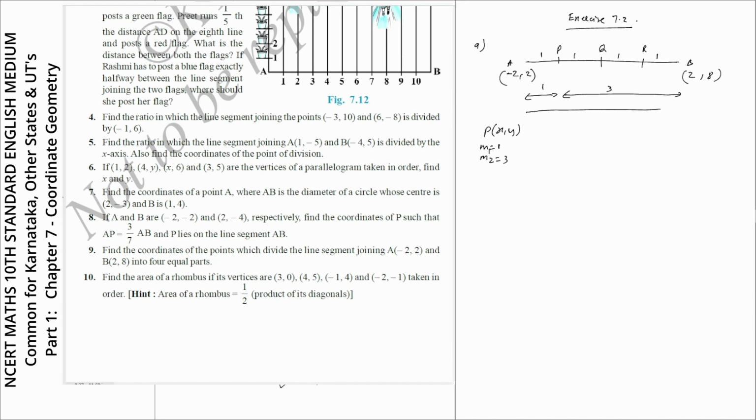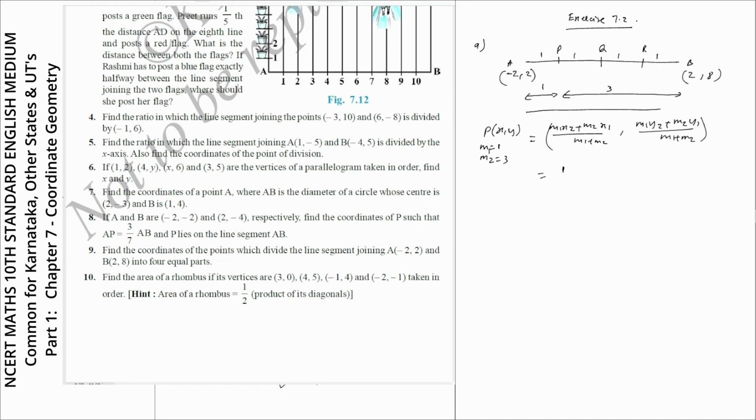Now substitute. P(x, y) is equal to, first write the formula: (M1 x2 plus M2 x1) by (M1 plus M2), comma, (M1 y2 plus M2 y1) by (M1 plus M2). Now substitute the values of M1, M2.